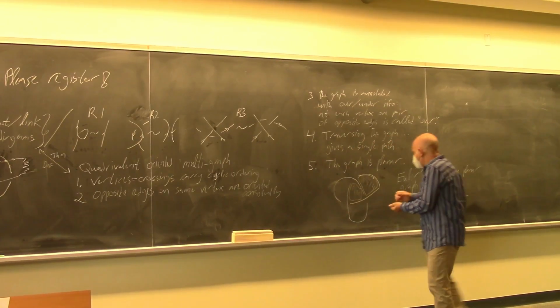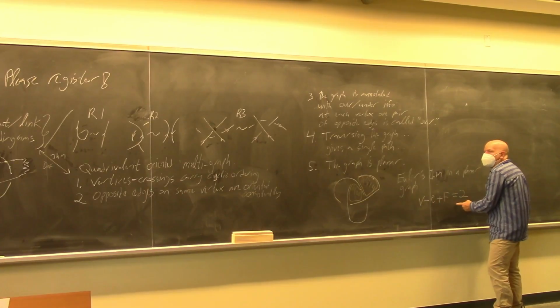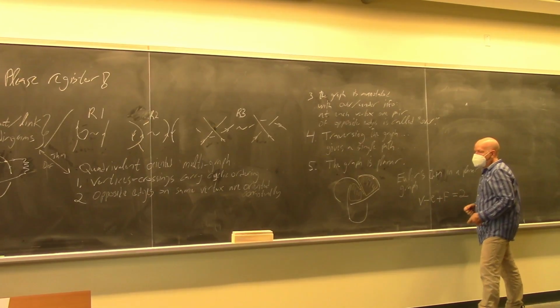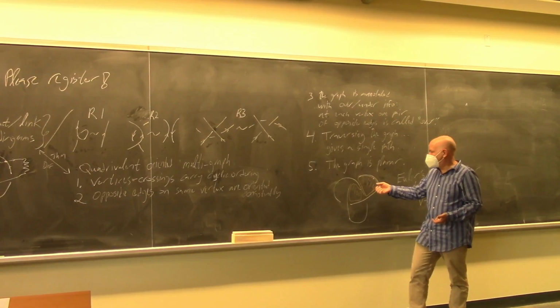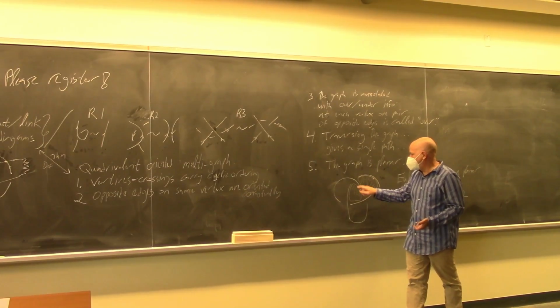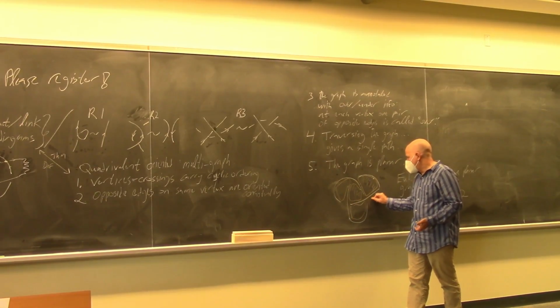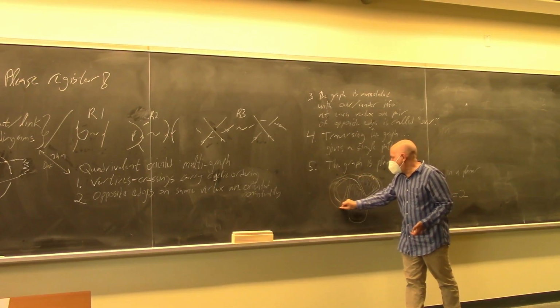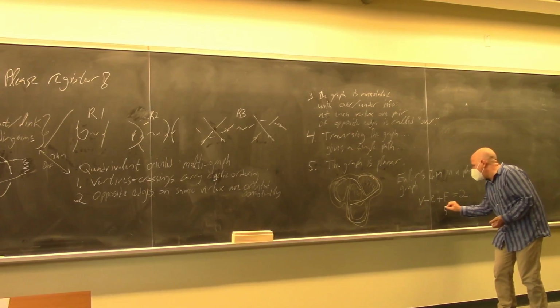Okay? So planar just means satisfying this equality. In fact, let's test it. For the trefoil, we will have 1, 2, 3, 4, 5 faces. So this would be 5.